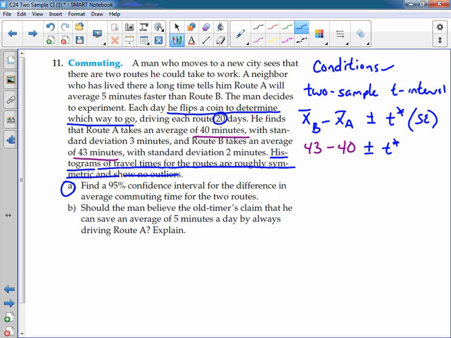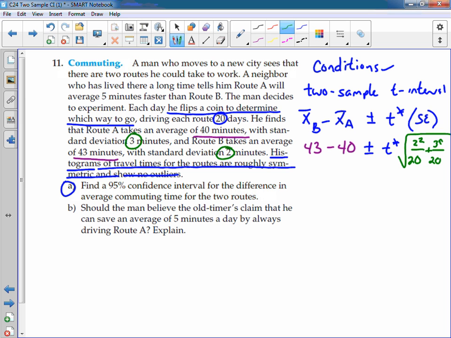So the formula for that is the square root of S squared B over NB and S squared A over NA. So sample sizes are the same in this case. They don't have to be. All right, so that's nice. I've written that out, and that's probably enough and sufficient to show that I know what I'm talking about.